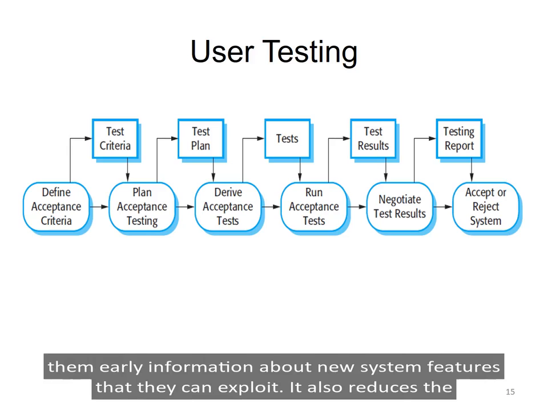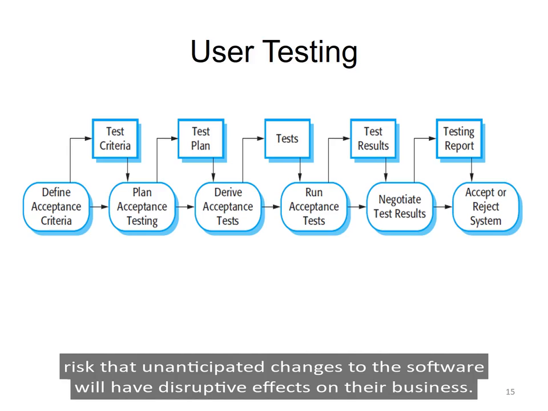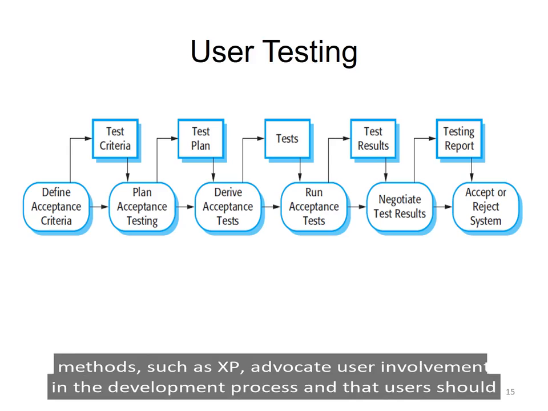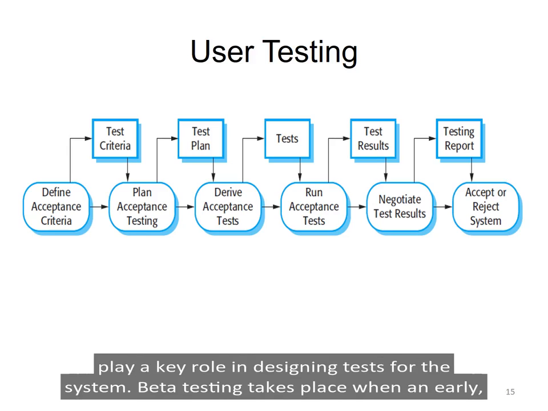It also reduces the risk that unanticipated changes to the software will have a disruptive effect on their business. However, alpha testing may also be used when custom software is being developed. Agile methods such as XP advocate user involvement in the development process and that users should play a key role in designing tests for the system.